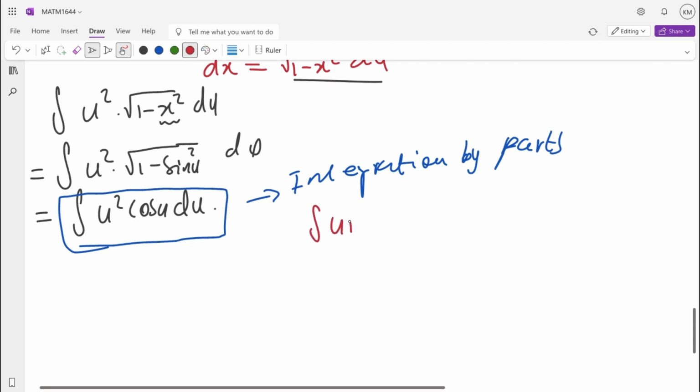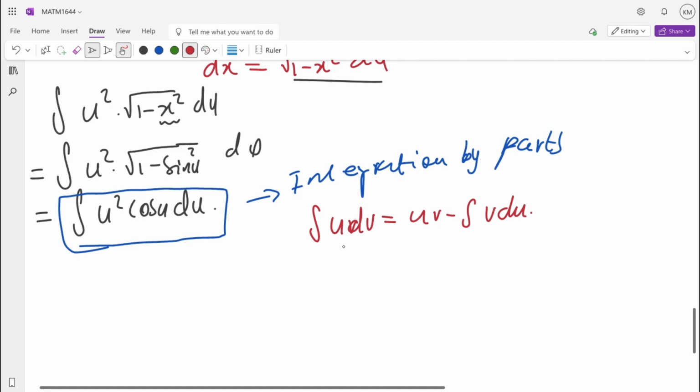The integral of u dv is equal to uv minus the integral of v du. So I need to pick my u, and whatever is remaining is going to be my dv. Which one is going to be my u? In this case, since you already have u, we can use a different variable k. It's still fine.